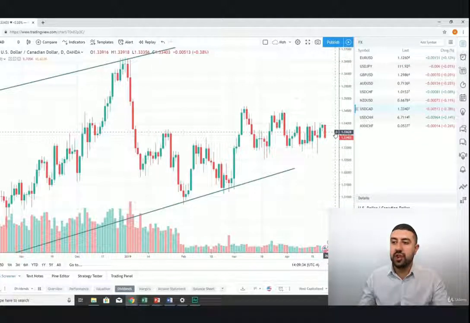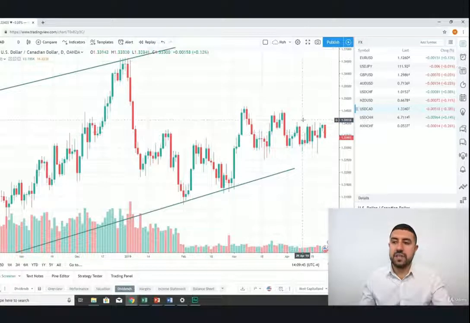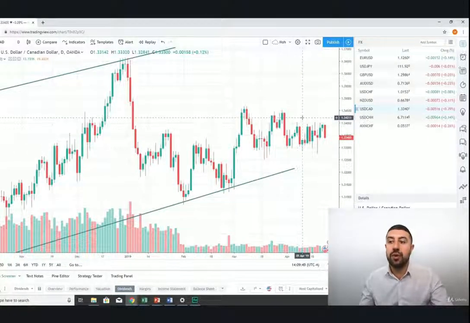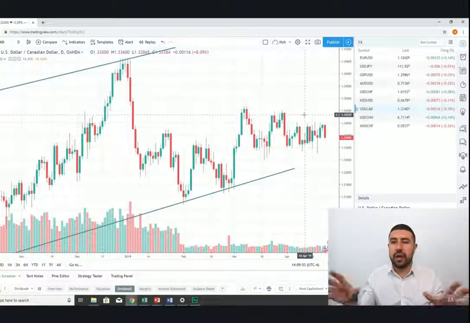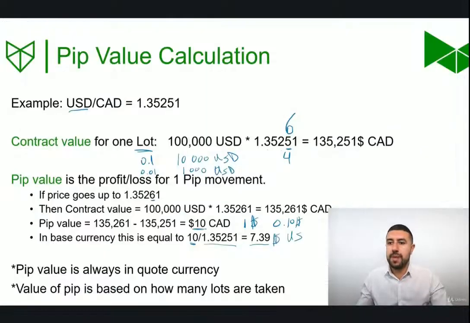So you'll be able to say, okay, 22 pips times $10 per pip, I'm making $220 if it goes from here to here. Because of this, you'll be able to calculate how much profit you can make or how much you're willing to lose. And we'll be able to use that for other calculations as well that we're going to get to later on. But this is the calculation.